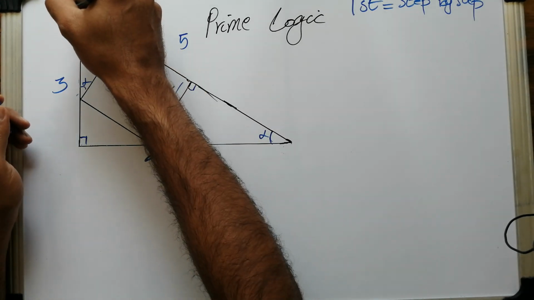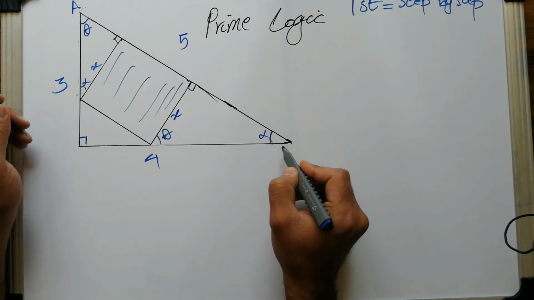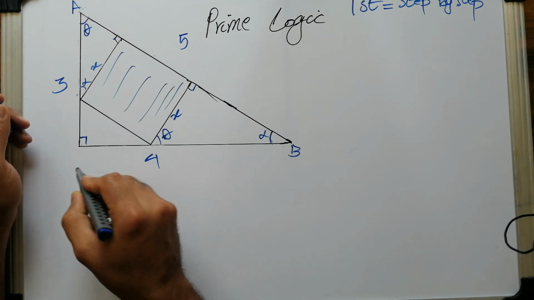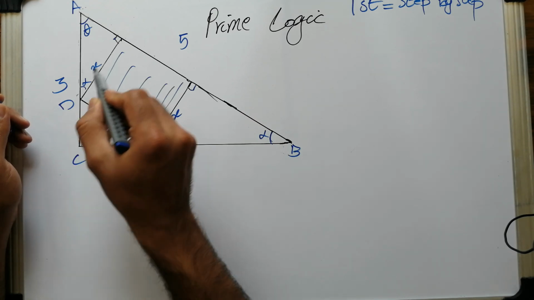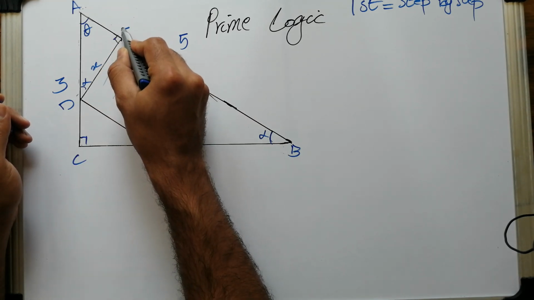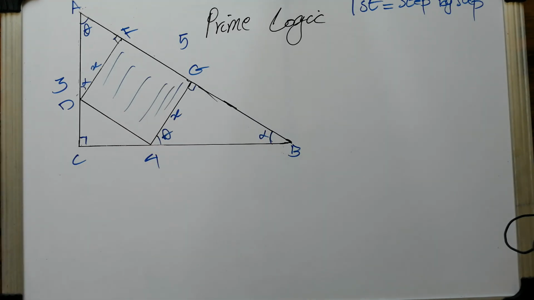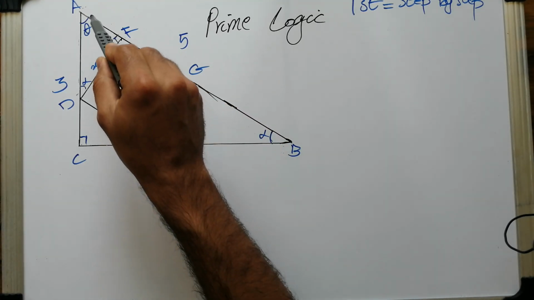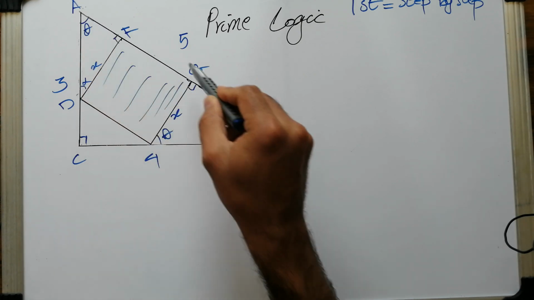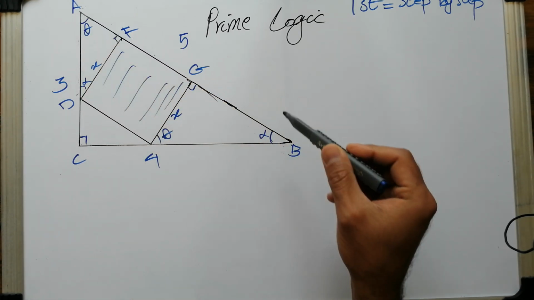So let's name, for example, this part as A, B, and C, and maybe some more names. D at this point, then F, G, H, so we don't need this part. Our approach is to try to find out the lengths of these segments, AF and GB.